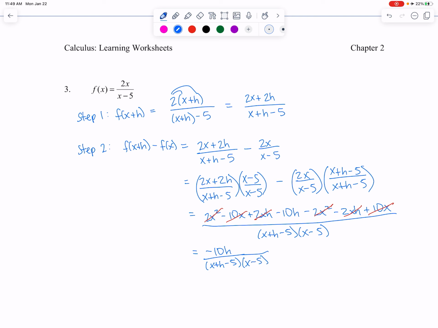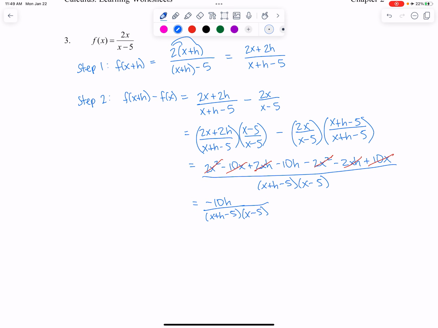Okay. Next, we need to divide by h. So we've got negative 10h over (x + h − 5)(x − 5).